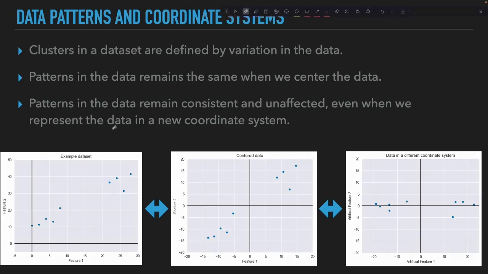If this is our starting dataset, one thing we could do is center the data, subtract mean values from all our features. You can see that now the center of the data moves to the coordinate system origin, but you can still see that the distances between the groups are the same, and the relations between the data points, the patterns, remain the same.